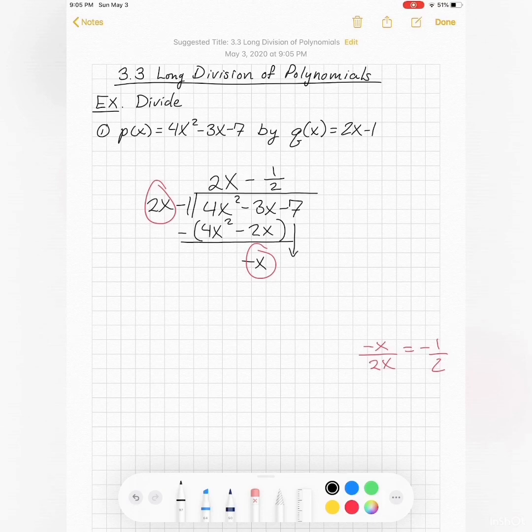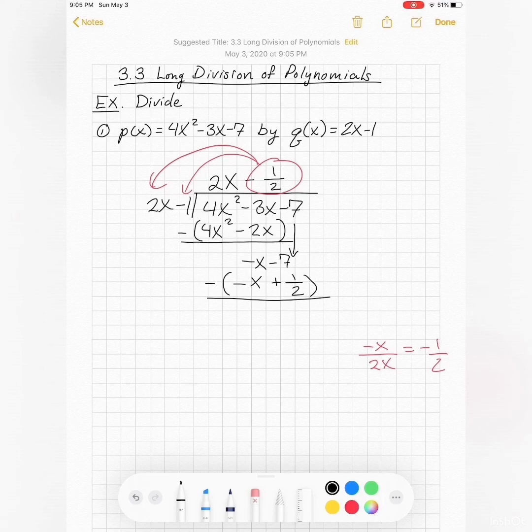Let's go ahead and bring this down as well. Okay, now I'm repeating the same step. So now I'm going to multiply this by both terms in the divisor. It's going to be negative x plus a half, subtract this quantity.